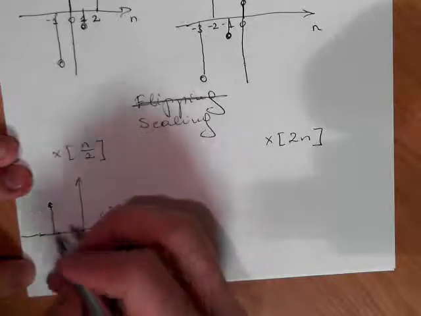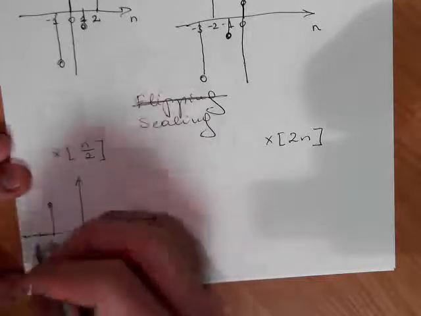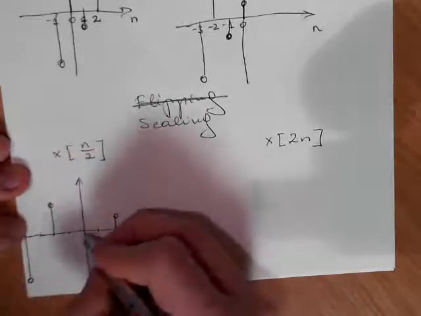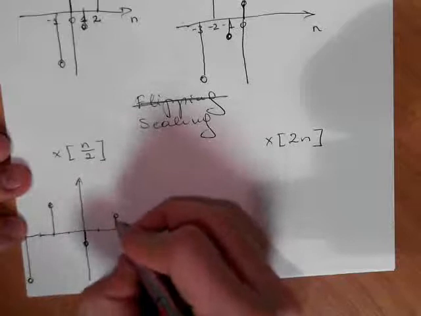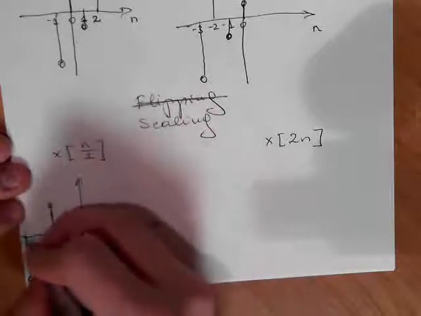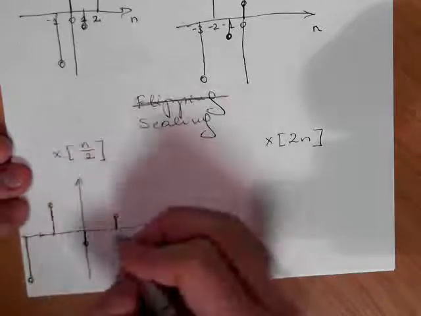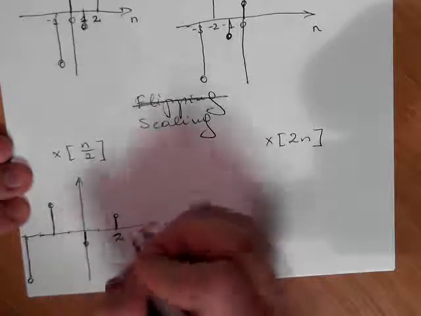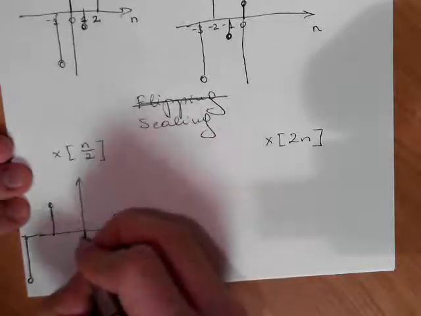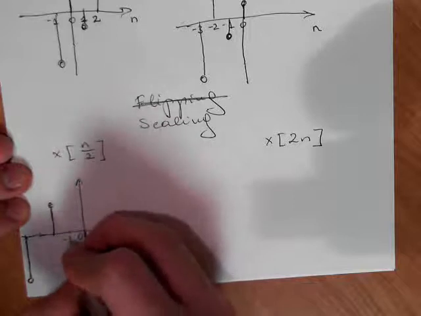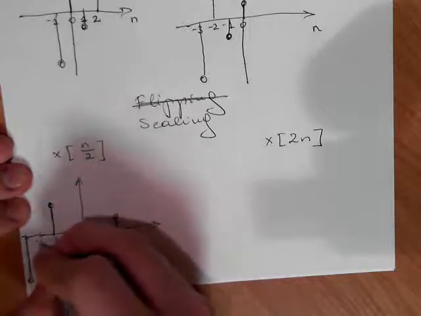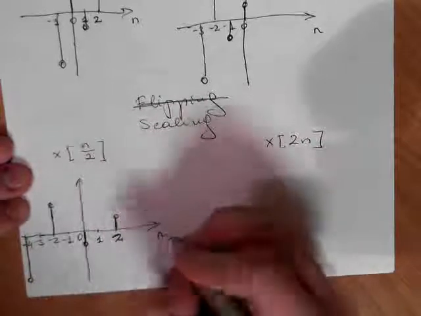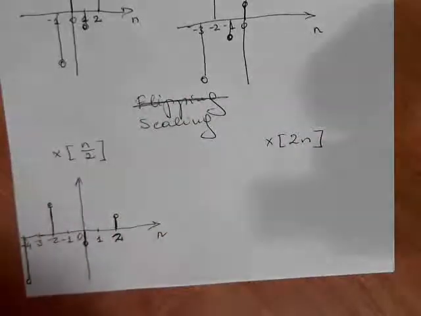What was on -2 goes on -4. So this long -3 is on -4. So this is our signal: 2, 1, 0, -1, -2, -3, and -4. This is how the signal looks. It is an expanded signal.